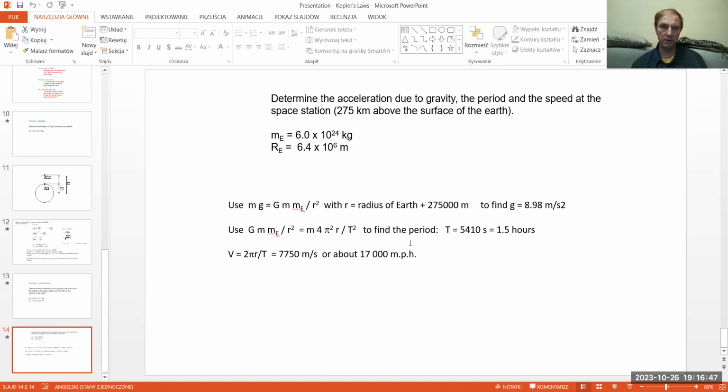After conversion, we can find T, the period. Okay. In order to find the velocity or the speed, if you prefer, we are using the circular motion formula for the tangential velocity, which is 2 pi r divided by T. Okay, T has been already found above, r is known.